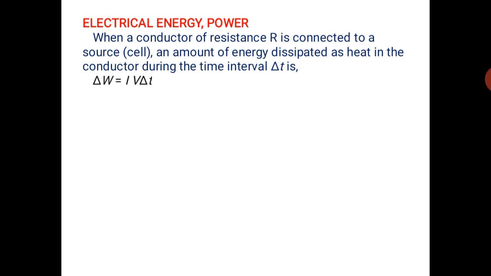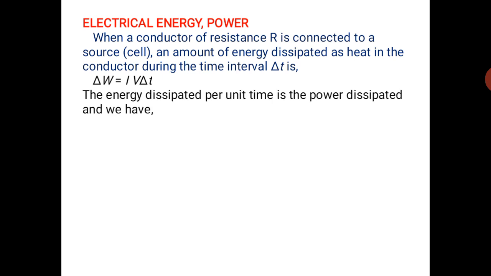We have already known what is potential difference: work done per unit charge, or work by charge. So work is charge into potential, and that charge we can write as current into time.